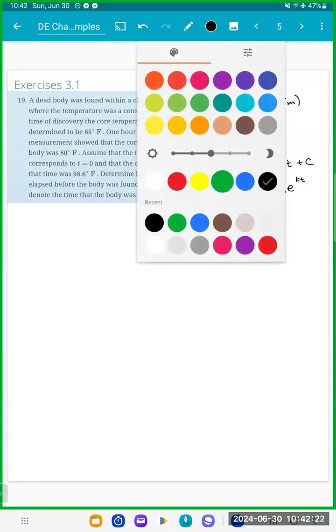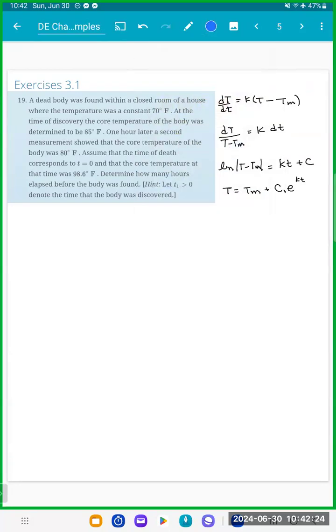So the first thing, let's set T of 0 equal to our T naught, and we find that C1 equals T naught minus Tm. So T of t is equal to Tm plus T naught minus Tm times e to the kt.